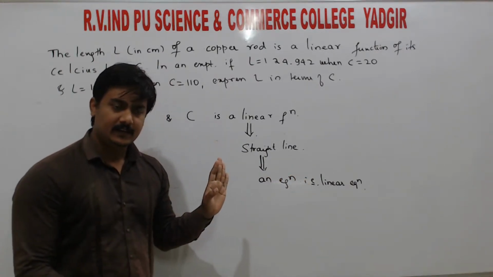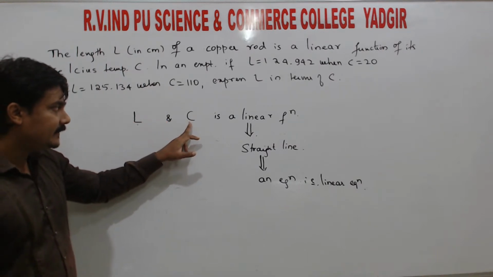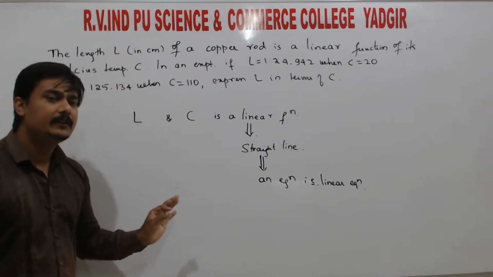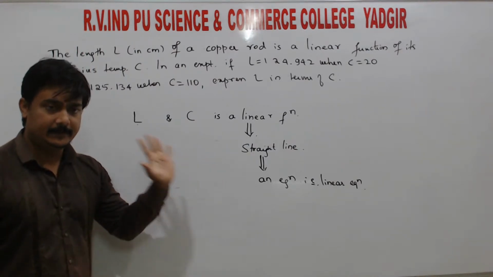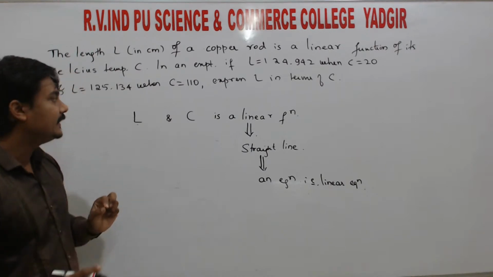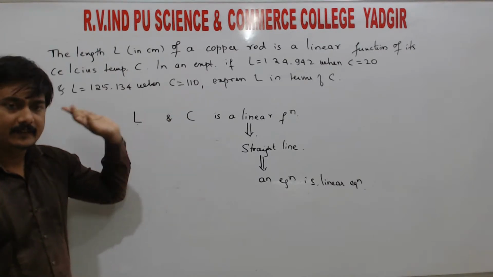Is that clear? I will repeat. The relation between L and C can be represented using the equation of a straight line. So if you write down the equation of a straight line containing L and C, that gives you the answer.